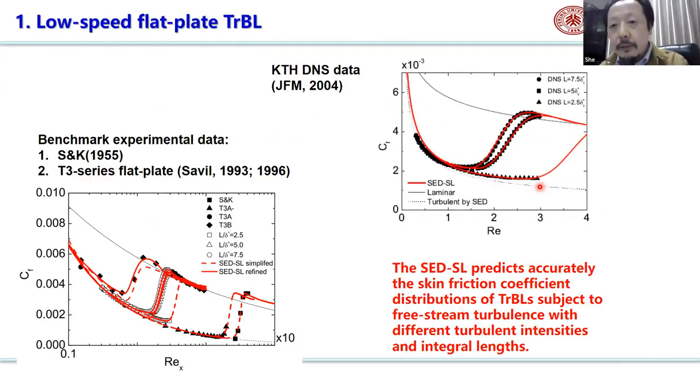Looking for the first time, we can fit the data almost exactly. Our KTH simulations run for 3 different incoming length scales.